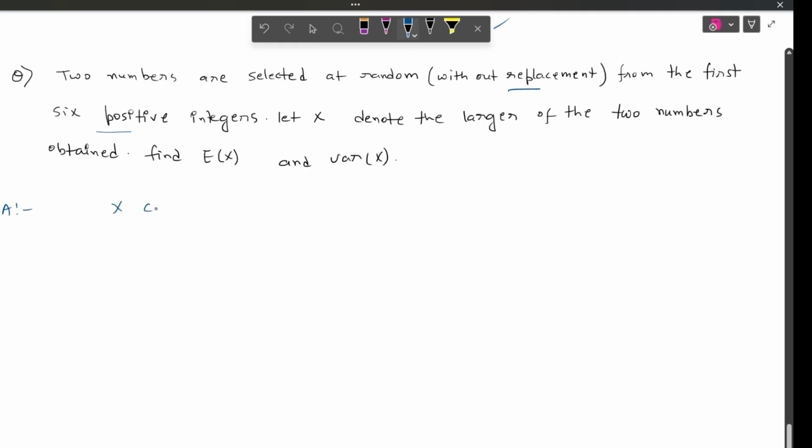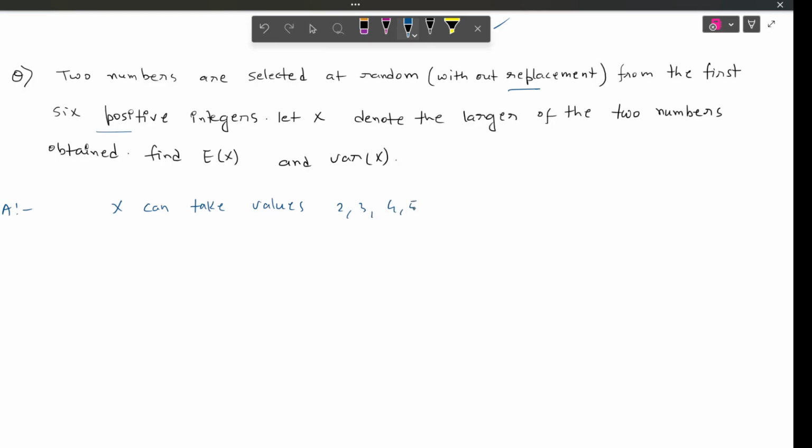So x can take values 2, 3, 4, 5, 6, because x denotes the larger of the two numbers.